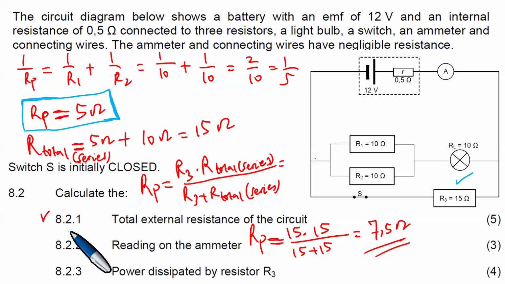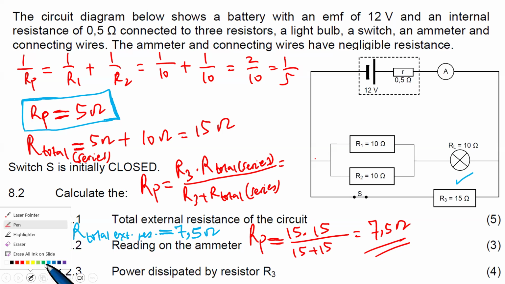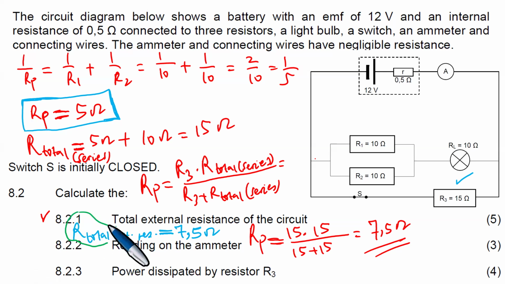The answer, you can say, the R total external resistance is 7.5. Which is 7.5, yeah? Seven comma five.